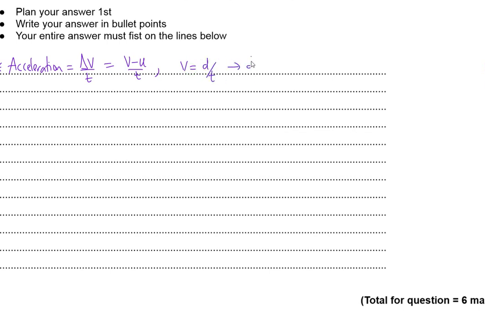So distance traveled, using a ruler, and time taken, using a stopwatch. This is going to give us the velocity and therefore the acceleration.